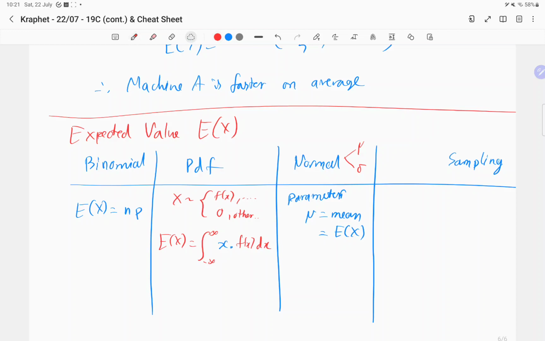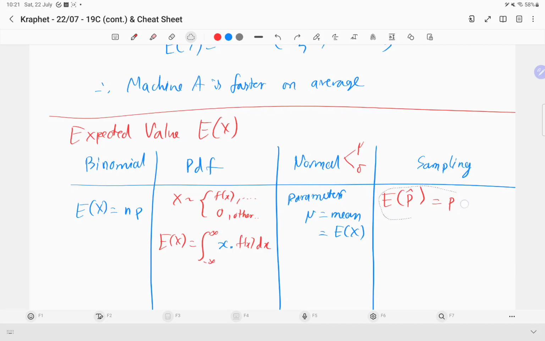And then the sampling distribution. If you have a sample, the expected value of the sample proportion is normally just the population proportion. Does it make sense? So the sample proportion is expected to be the same as the population proportion.